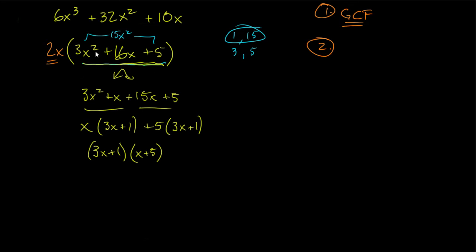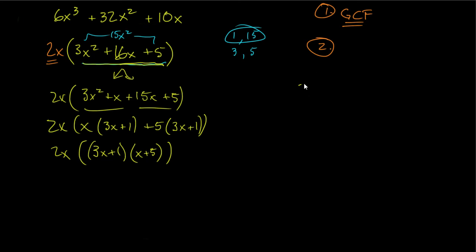And remember that I had left off the parentheses and the 2x. Really, what I was doing this whole time was just inside the parentheses here, and I wasn't changing anything outside them. So now when I've factored it, I could put parentheses here and write the 2x outside a larger group of parentheses.